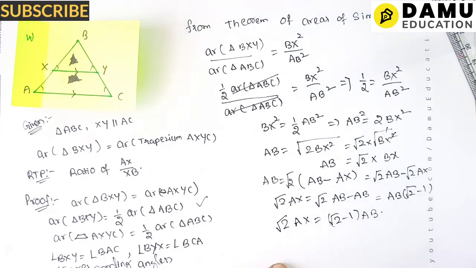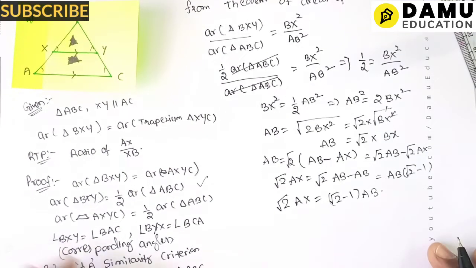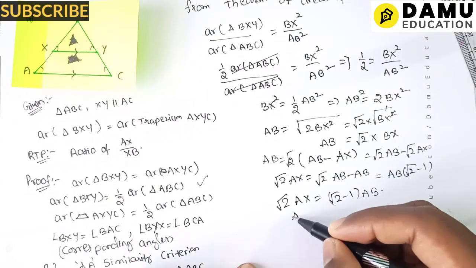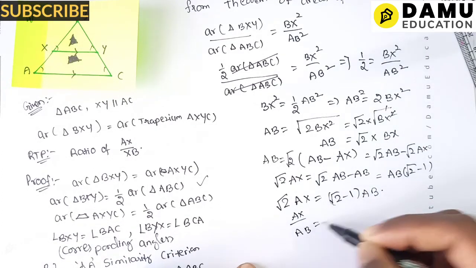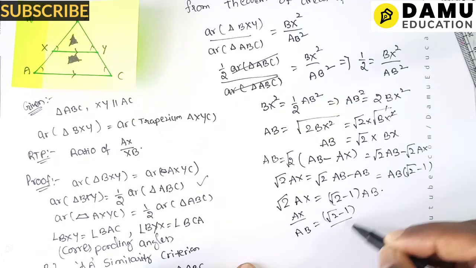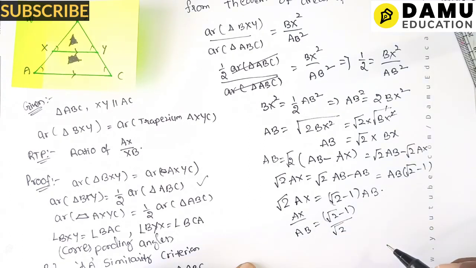Then the ratio of AX by AB will be equal to root 2 minus 1 by root 2.